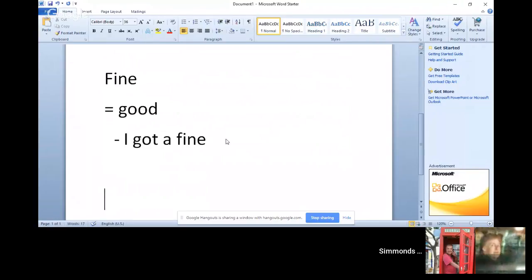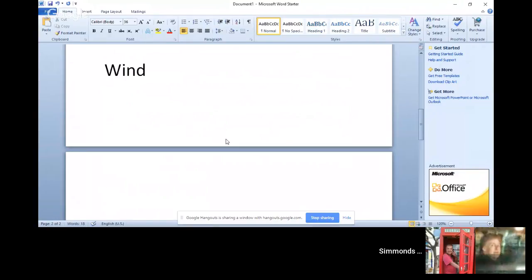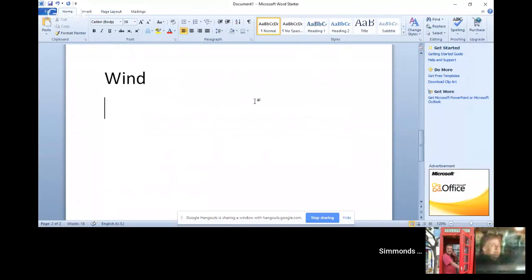So I've got another one here for you. Actually, we're going to put all of this on the next page. What is it? I think I know that. Wind and wind. Okay, you did get it. So two different pronunciations. The I is different.